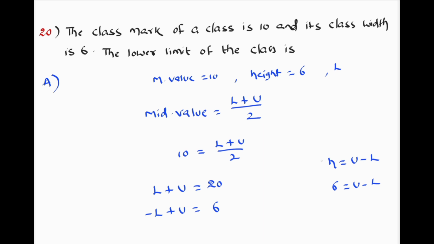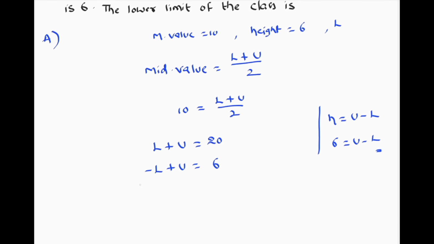Once again, the height of the class interval is upper limit minus lower limit, and the given height is 6. So on addition we get 2 upper limit is equal to 26. Therefore upper limit is equal to 13.